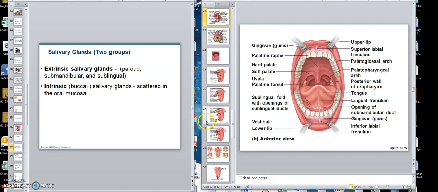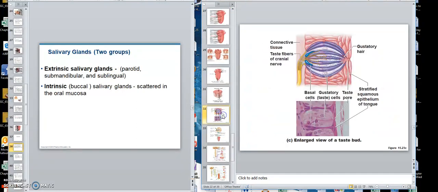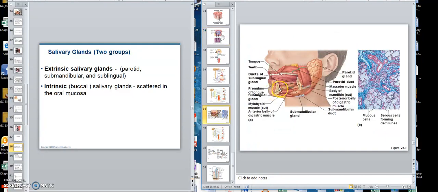But the extrinsic glands would be these like this here, like the parotid gland. So we have the parotid extrinsic gland. Then we have the submandibular type. See that parotid, that's the one with mumps.